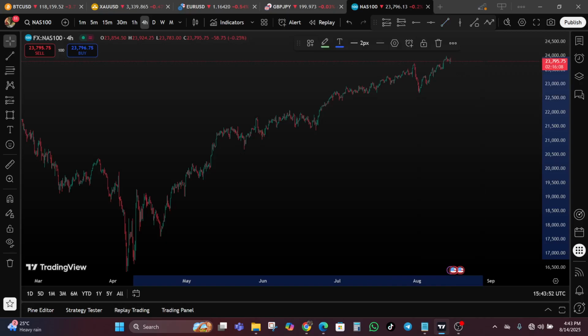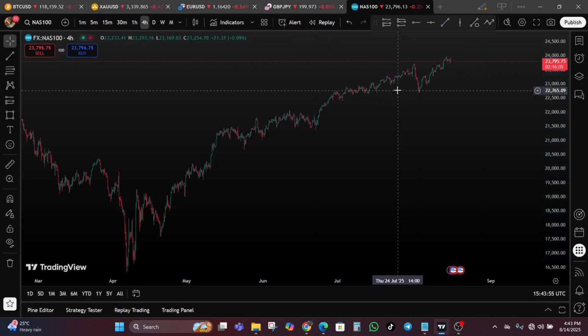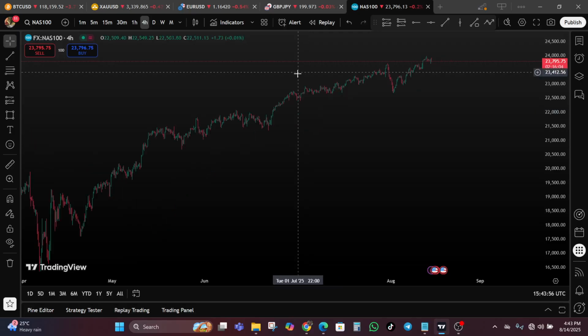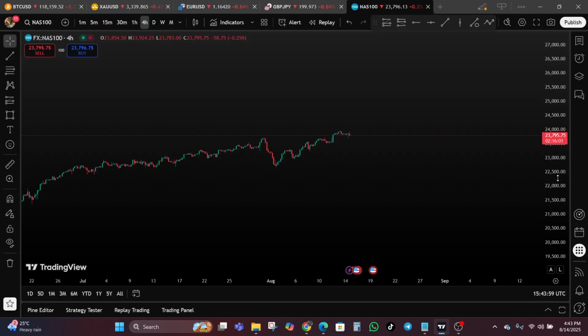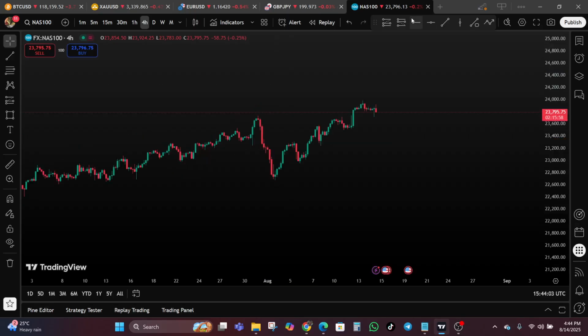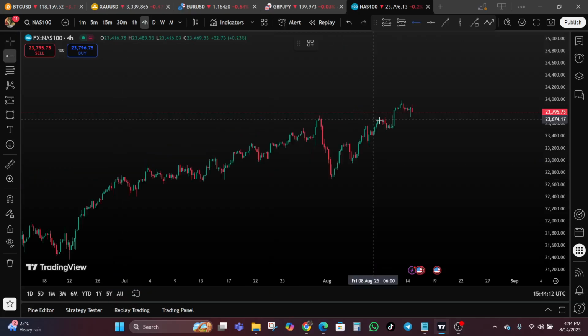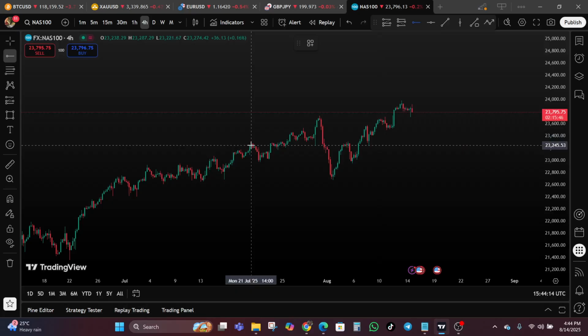Okay. Now, once you have identified the overall trend, the next thing for you to do is to mark significant support and resistance levels. All right, so support and resistance levels are the areas where price has gotten to, tested and gotten rejected.